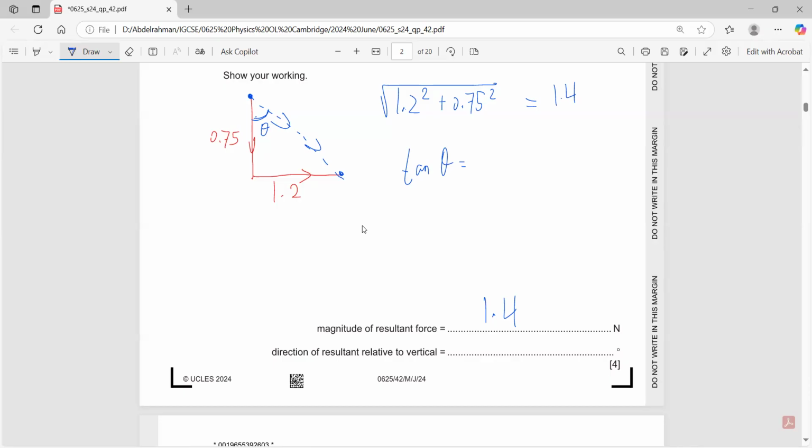So theta equals tan inverse of 1.2 over 0.75. This is 57.9, which is 58 degrees.